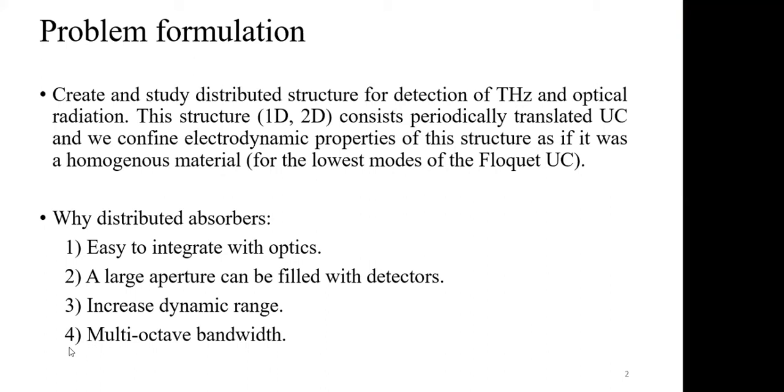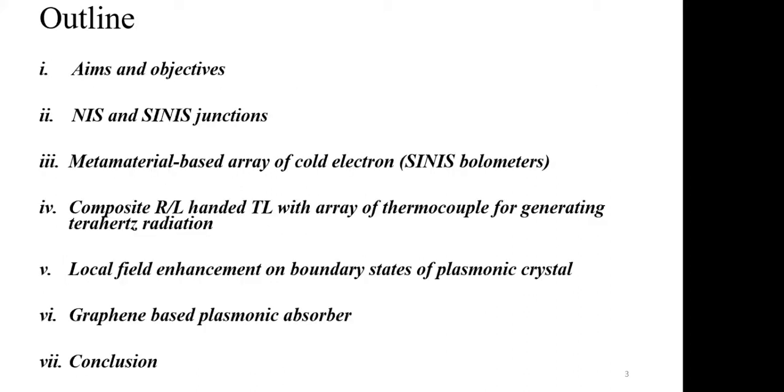We design this absorber because it's easy to integrate with optics. A large aperture can be filled with these detectors to increase dynamic range, and multi-octave bandwidth is also possible with these designs.